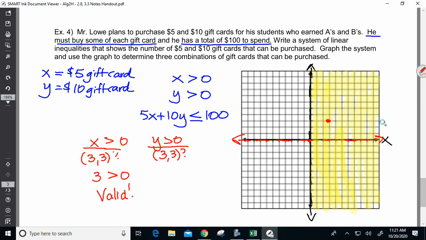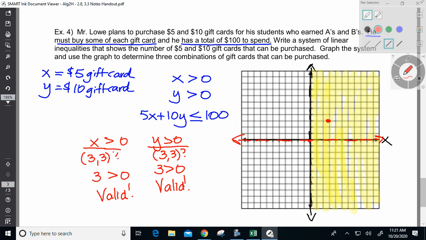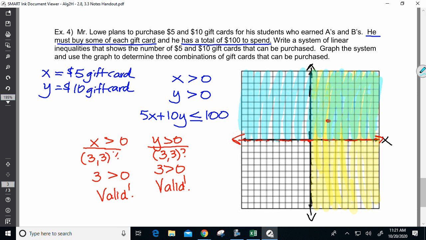So y is equal to 3. 3 greater than 0. That's valid. So 3, 3 work together. I'm going to shade the color. So now I've got an overlapping square, and I still have one more inequality.